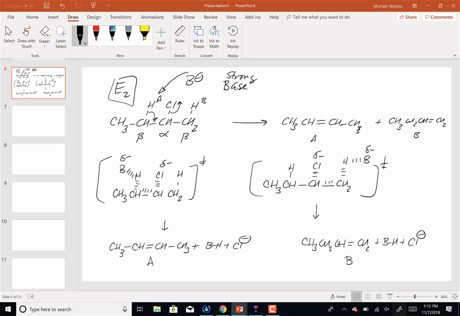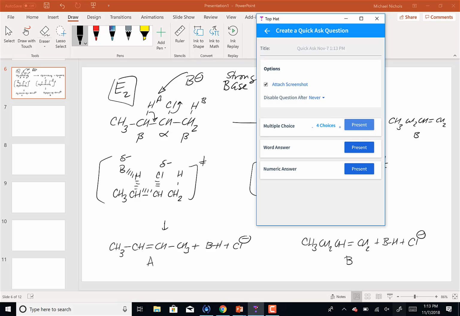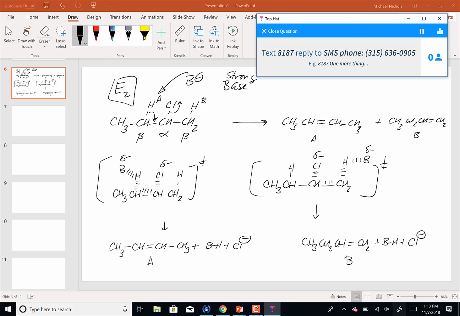So let's go to what's the major product of this reaction? Well, let's review. So, in E1, what would the major product of this reaction be?